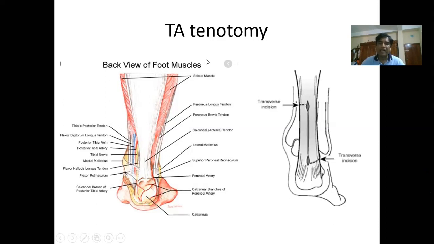You know that there are different methods of performing this. I am just showing you what we are doing and what I am used to. Just put your blade just medial to the tendo Achilles, go to half of the tendo Achilles, and then do a distal transverse cut.